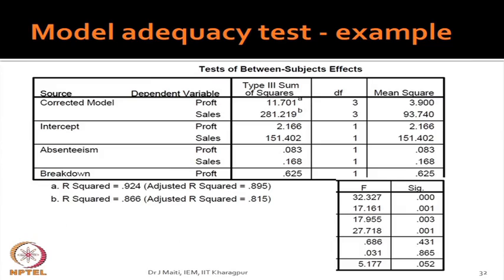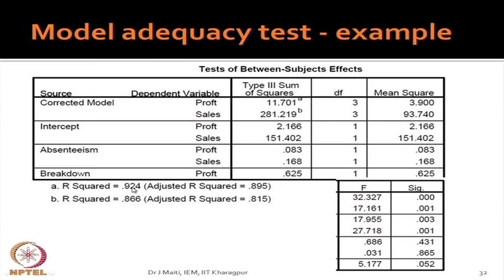Now, go to the next one. This is your total sum of squares under profit and under sales, and you see R square, like the univariate R square, that multiple regression R square.